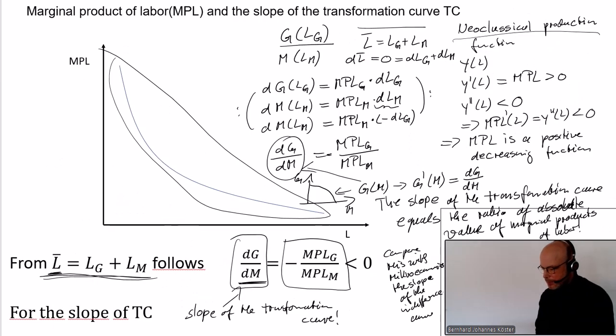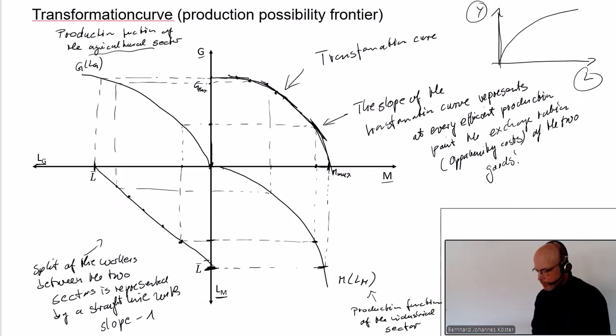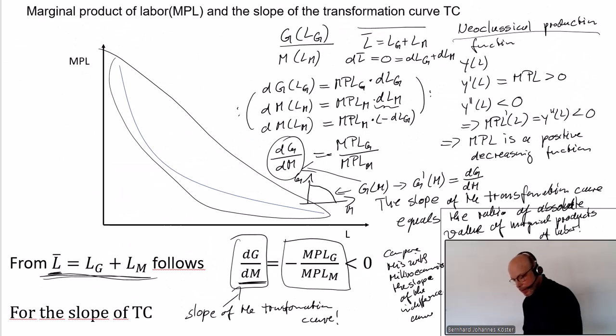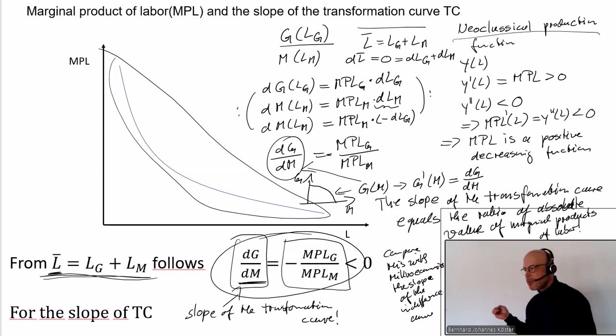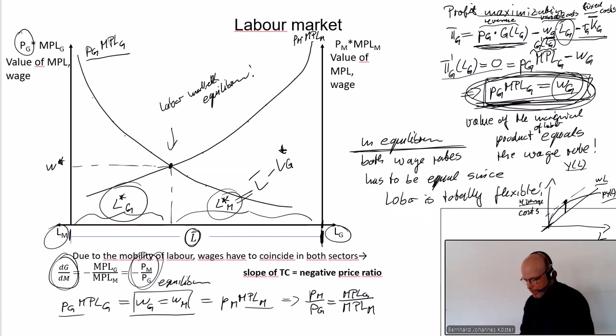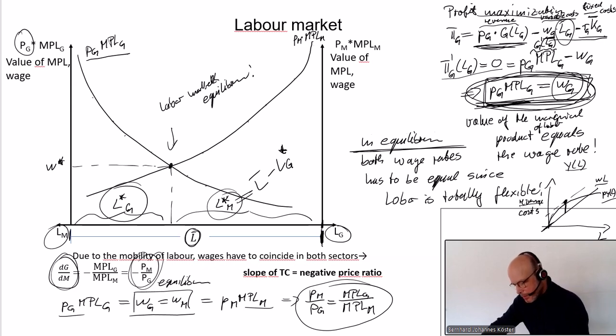And one slide before, here we had derived that the slope of the transformation curve is equal to minus the ratio of the marginal products. And here we have derived that the ratio of the marginal products is equal to the price ratio. So in the end, we obtain this result.